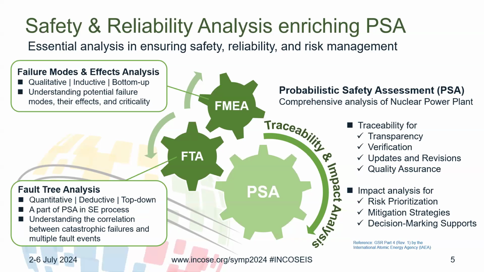We are able to combine the best of the qualitative analysis based on the experience of the engineers, and then go through the FTA, the fault tree analysis, using quantitative probability methods to do the analysis from the top events down to the basic events, and then combine the two methods to validate each other from the very beginning to the end.